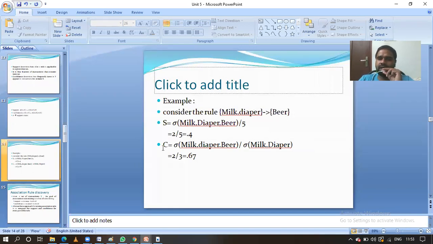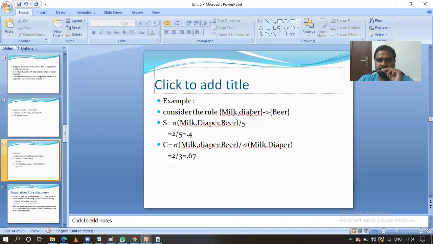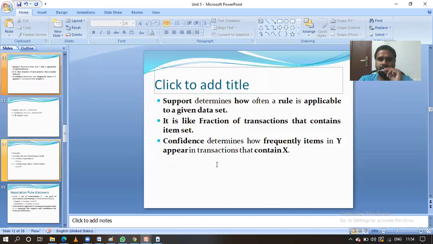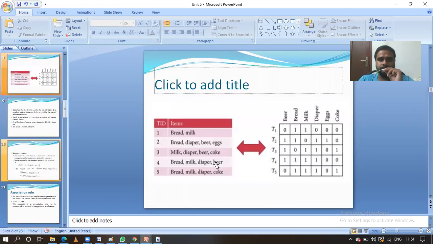Likewise, let us calculate the confidence for milk diaper tends to beer. Here it is the support count of the union divided by the support count of only X. What is the X here? Milk, diaper. That is the formula, right? Support count of X, that is milk diaper.